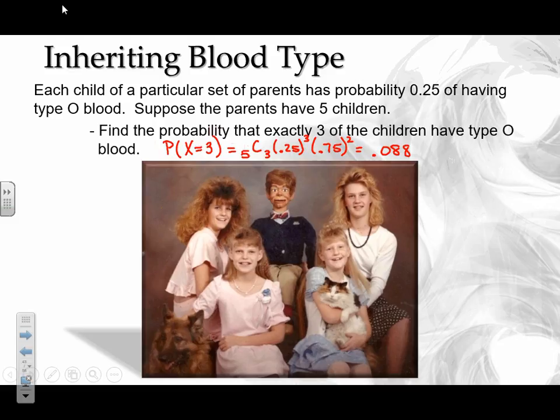PDF is when we're looking for a specific number of successes. Binomial CDF is utilized when we're looking for a range of successes.